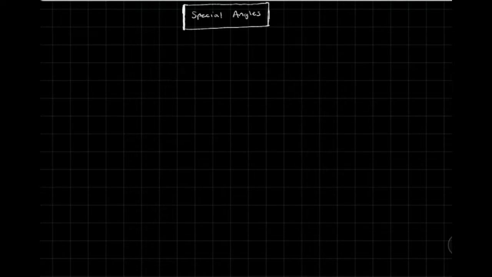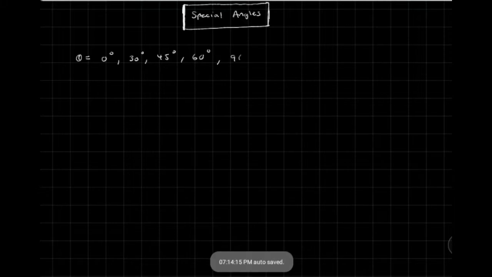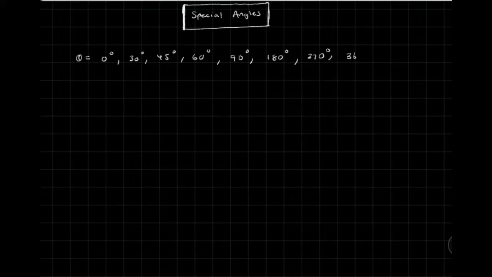So special angles are angles that we will actually know the exact value of their ratios for a respective function, like a sine, cosine, tan, or its reciprocal functions, right? And these angles include 0 degrees, 30 degrees, 45 degrees, 60 degrees, 90 degrees, 180 degrees, 270 degrees, and 360 degrees.